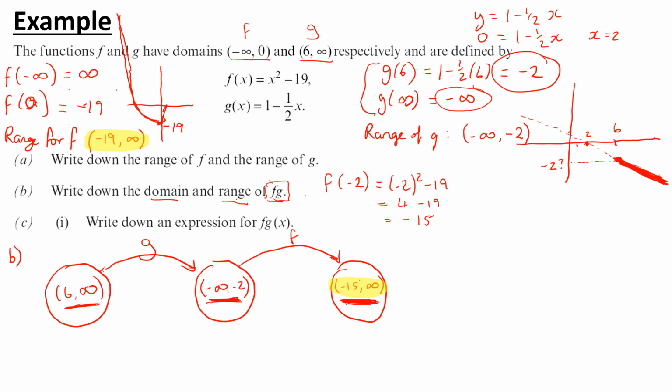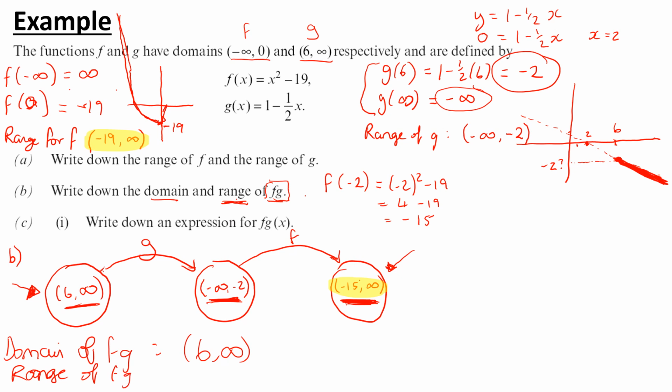The domain will be what did we put in at the very beginning. The range will be what did we get out at the very end. So let's write down our final answers. The domain of fg is 6 to infinity. And the range of fg is minus 15 to infinity.